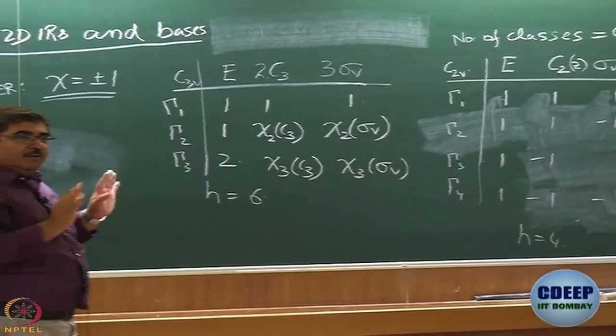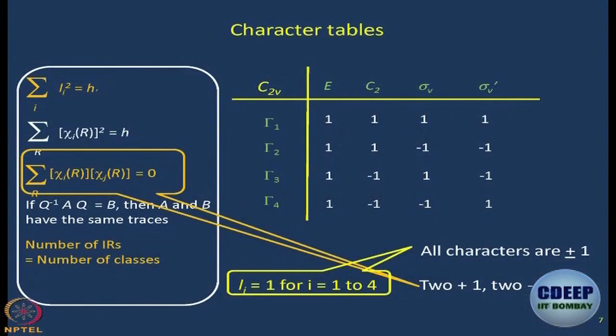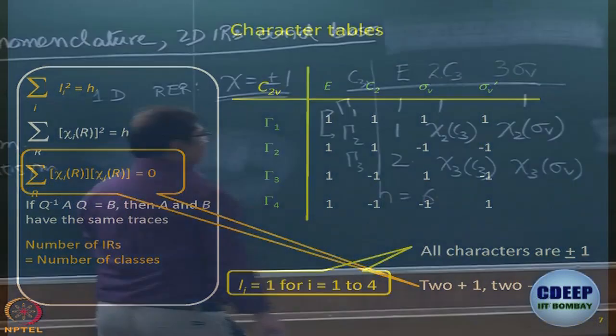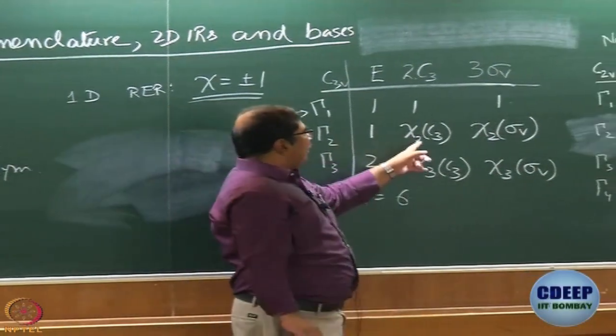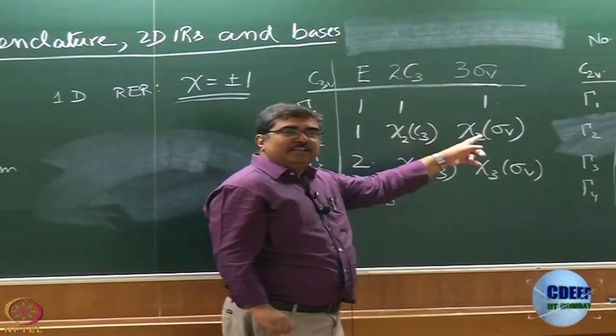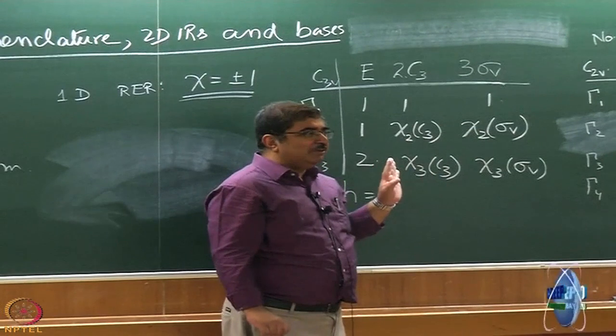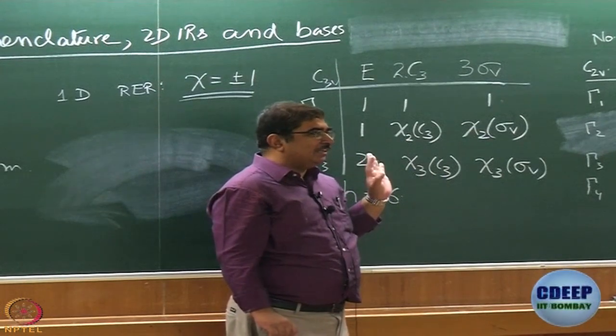Okay. What is the next thing to do? We can use the orthogonal thingy, right? You can use the rule of orthogonality. So, what will it be? First take the combination of these two. Remember chi2 C3 and chi2 sigma v have to be either plus 1 or minus 1, we know that already, that is one good thing.